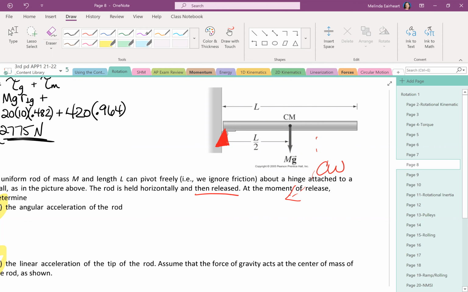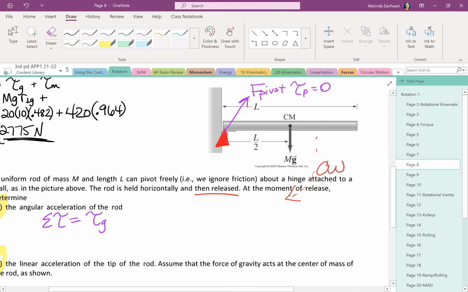So there's no tension, no applied force, but there is a hinge force, right? And I told you assume that they do have an angle. But since it's at the pivot or hinge, no torque, no lever arm. And so the only thing to have torque is based on the weight of the rod, yes? And so one torque, one direction, we're not in equilibrium at all. And so I'm going to say net torque equals the torque of gravity.